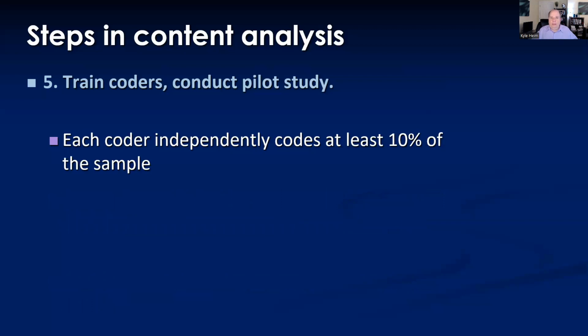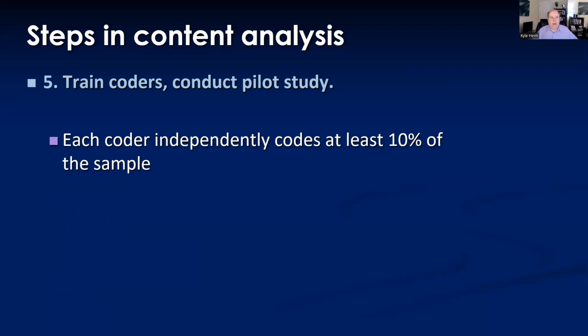So you and the other coder or coders each need to sit down independently, meaning you don't consult, you don't tell each other what to say or what to do. You sit down independently and you code at least 10% of the overall sample.